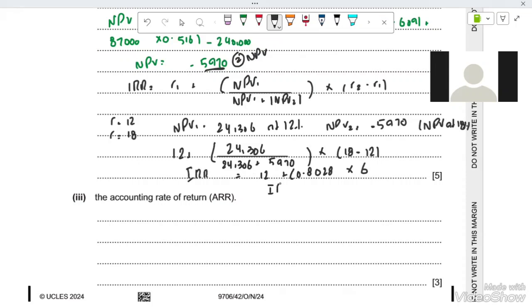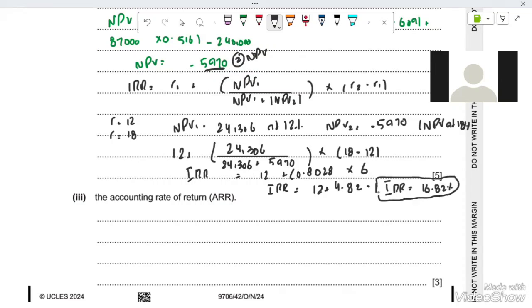So IRR is equal to 12 plus 0.8028 multiplied by 6, so 12 plus 4.82. Finally the IRR is equal to 16.82%.